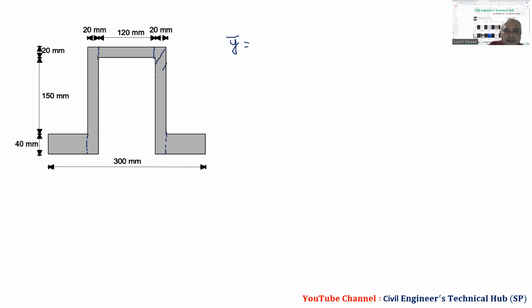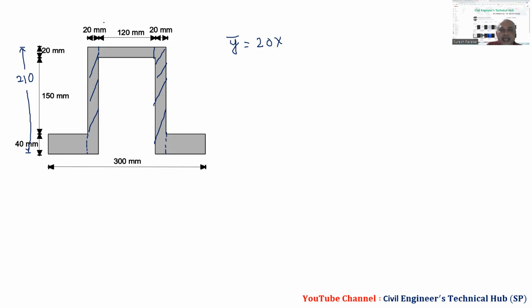So this one. So these two are the same. So for y bar we have B is 20 and D we have 150 plus 20 plus 40, this total. And this will be 210.